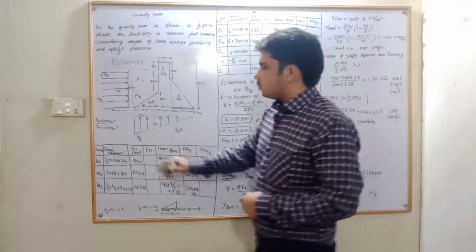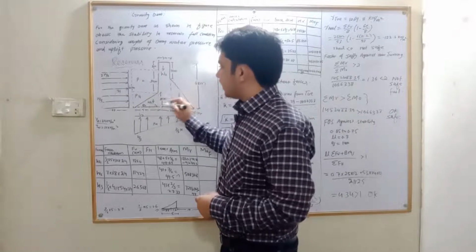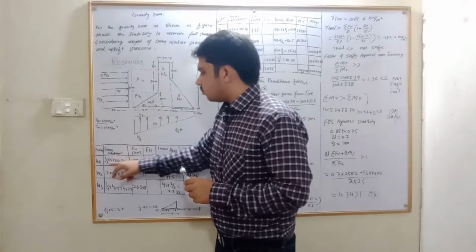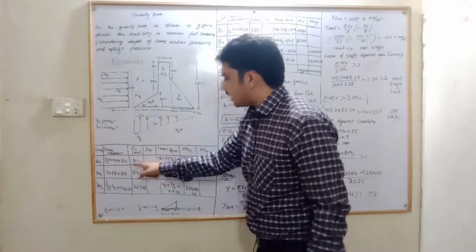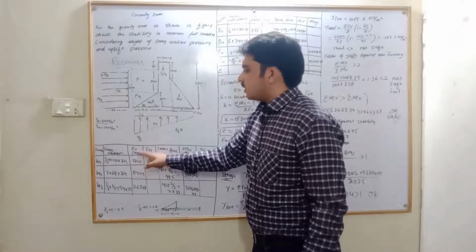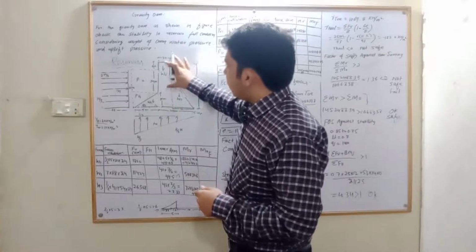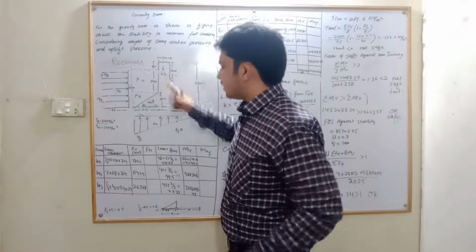Okay, so the base of the triangle is 5 meter and the height of the triangle is 31 meter. After multiplying this, dividing by 2 and multiplying by 24, which is the density of dam material, you will get 1860 kilonewton load acting downward. Now we will find the area and the weight of this portion, which is W2.